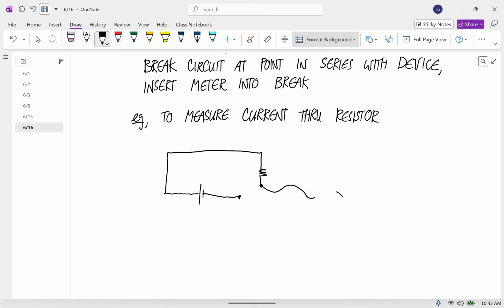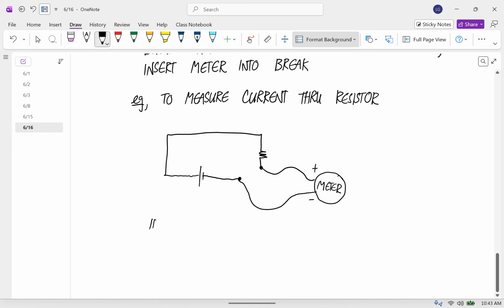And we're going to connect the meter into that break, where this is the positive and this is the negative terminal of the meter. So all that current has to go through the meter for this to work. Okay? If you don't do this, it will almost always instantly blow a fuse in the meter.